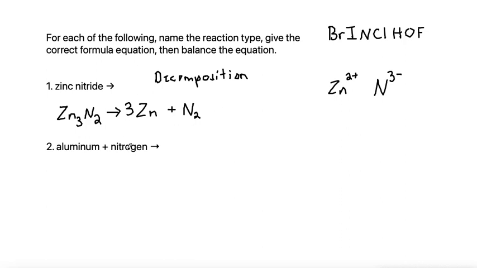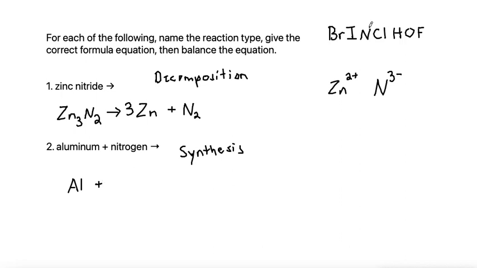For the second one, we have aluminum plus nitrogen. So these are in their elemental forms and they're going to something. We can assume that that would be going to a compound. So this would be a synthesis reaction. And aluminum is not diatomic, so it's just Al.